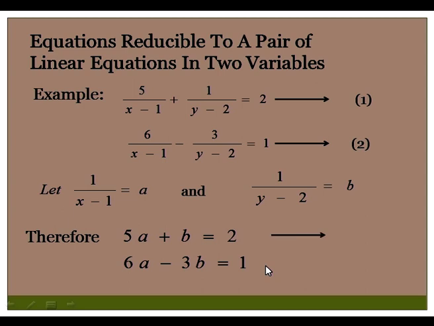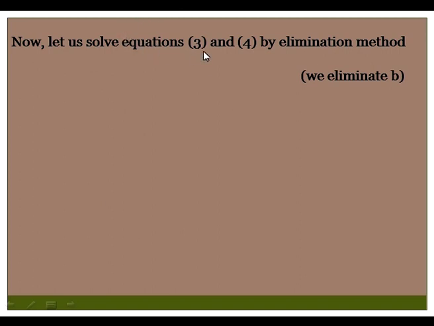Let us number them as 3 and 4 respectively. Now let us solve equations 3 and 4 by the elimination method, and we are eliminating b here.